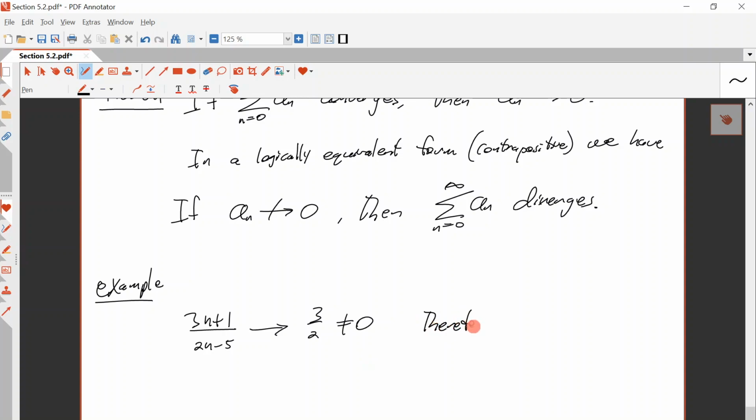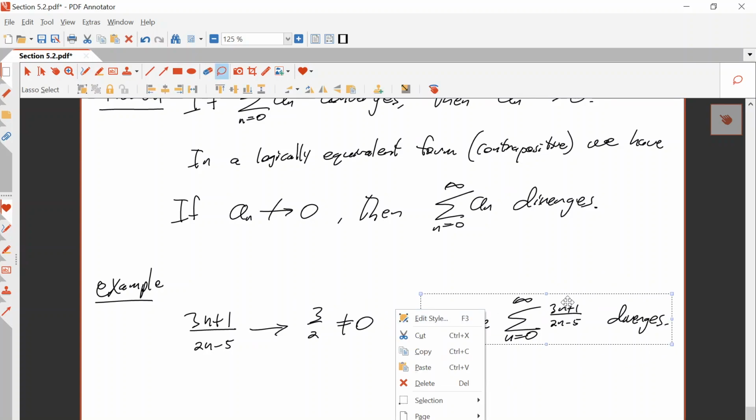Therefore, the sum from n equals 0 to infinity of 3n plus 1 over 2n minus 5 diverges. Okay? So that's an example.